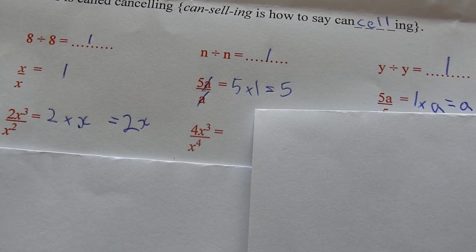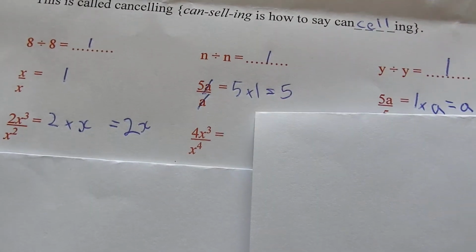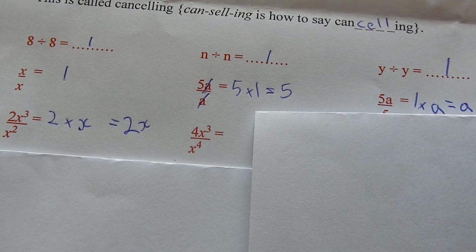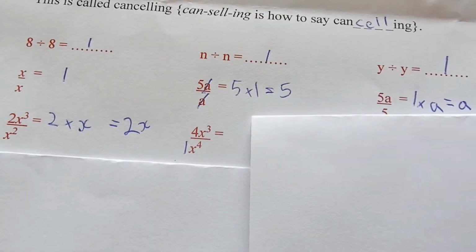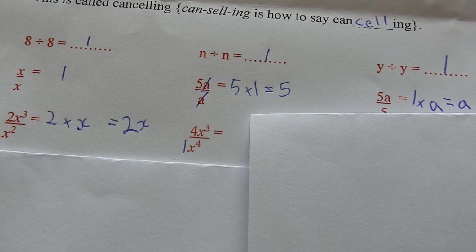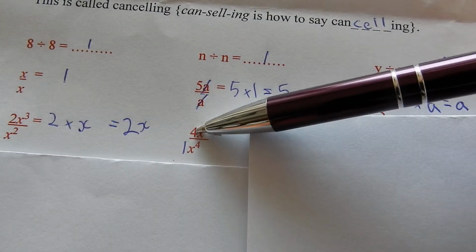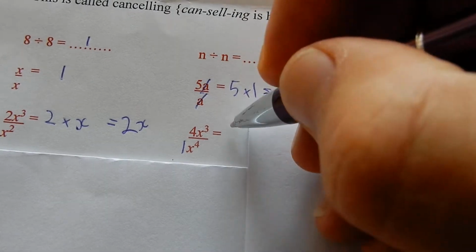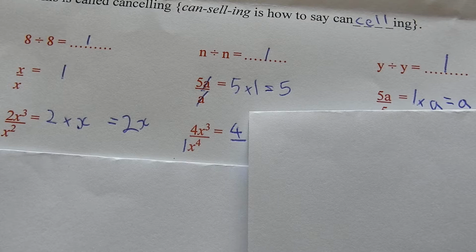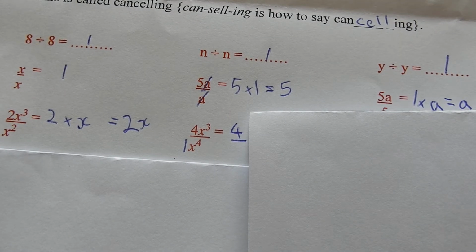Next one. x to the 4 divided by 1. Now lots of people will go, oh look, there's nothing on the bottom. No, this really is 1 times x to the 4. That's a way to make sense of it. You've got 4 divided by 1 is 4. And x cubed divided by x to the power 4.